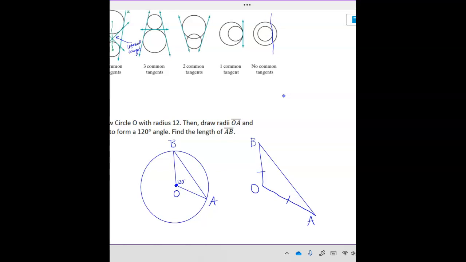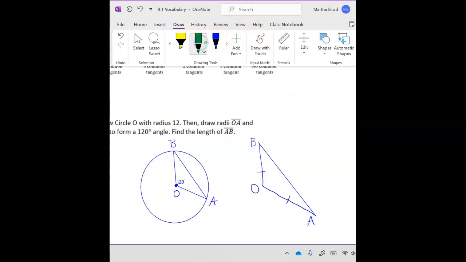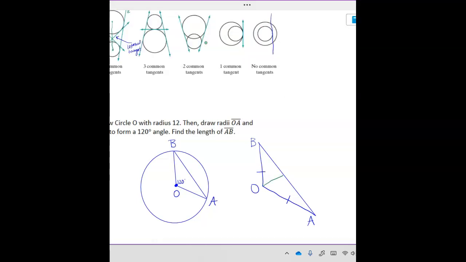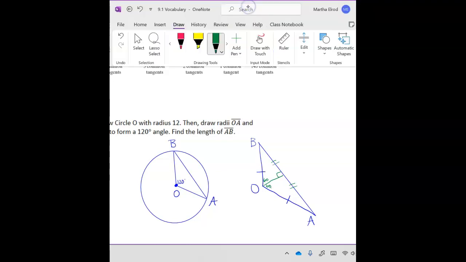So I could actually draw an altitude from this vertex angle to the opposite side. And we've learned that in an isosceles triangle, that altitude is going to bisect the other side of the triangle, and it's also going to bisect this angle. So we originally started with a 120 degree angle, which means that now each of these angles has to be 60.